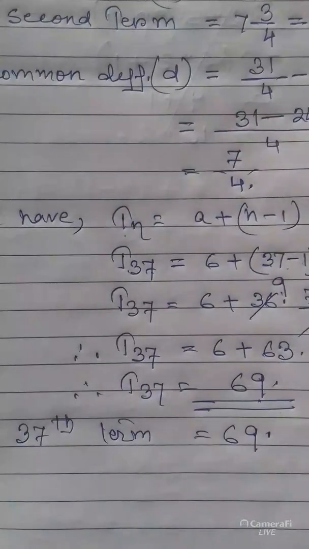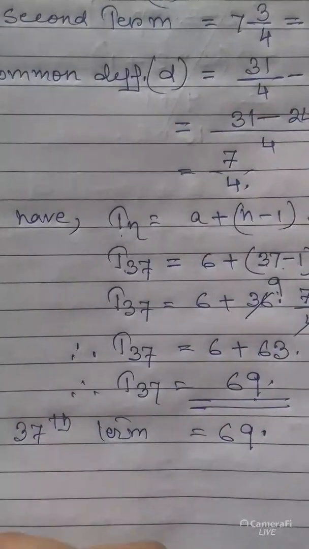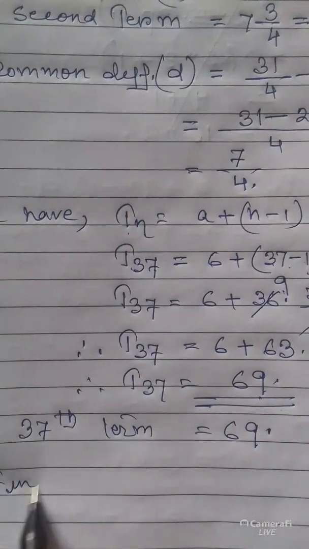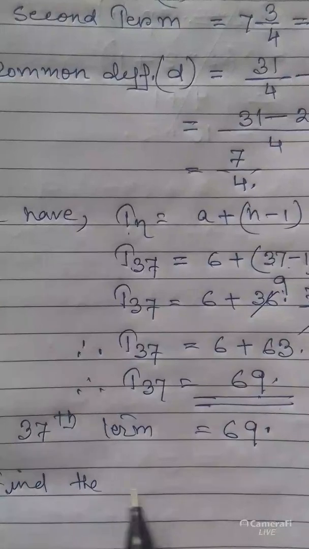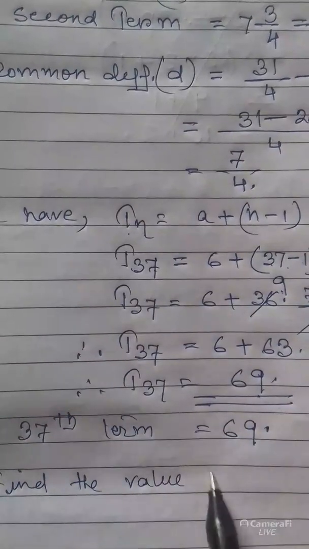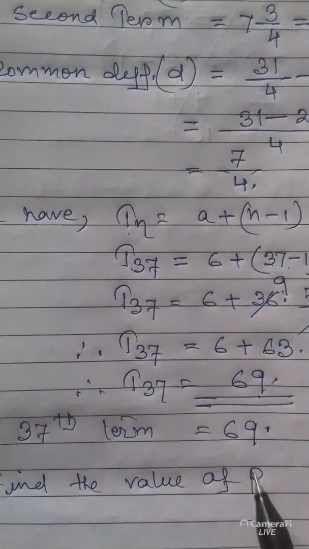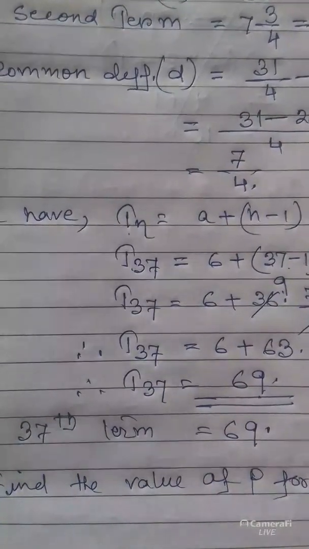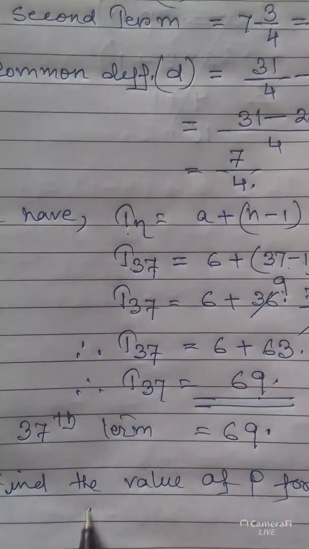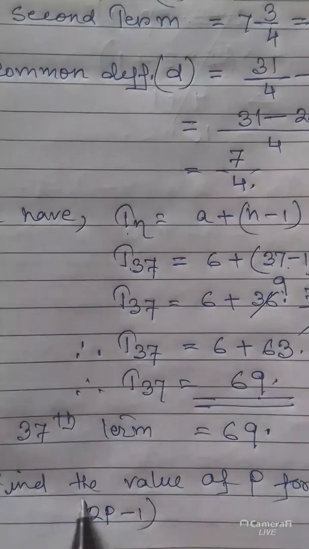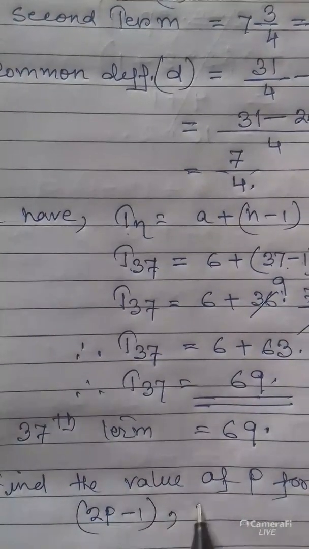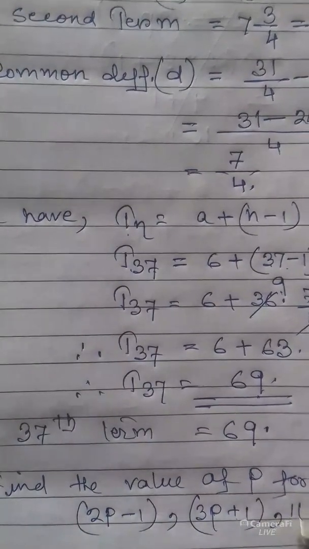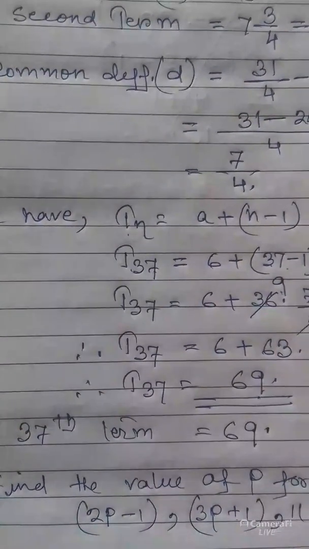Now next, question number 4. Find the value of P for which 2P minus 1, 3P plus 1, 11 are in AP.